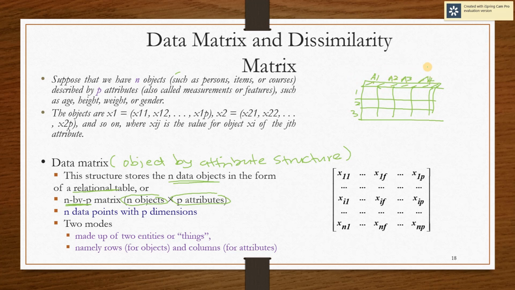Can you imagine how we are going to represent the data matrix here? It is the object versus your attribute. Suppose we have an object, for example a person, described by p attributes, say 4 attributes. These are called measurements or features, such as age, height, weight, and gender.